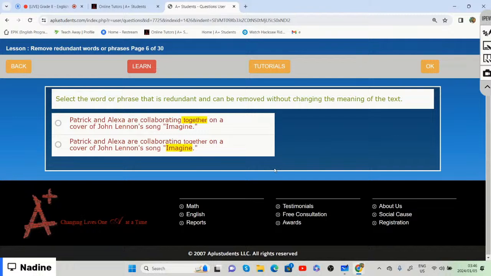Patrick and Alexa are collaborating together on the cover of John Lennon's song Imagine. Which word or phrase is redundant? Is it together or imagine? The word that is redundant to collaborating.